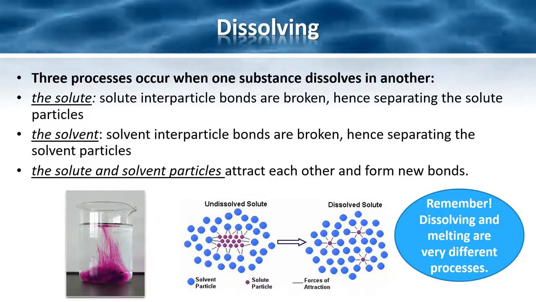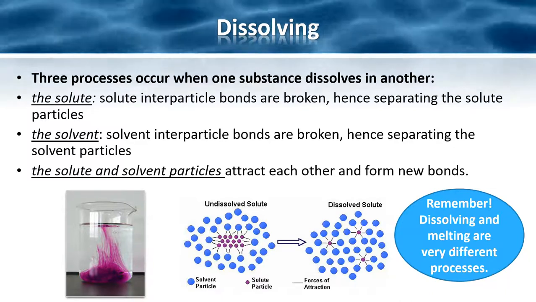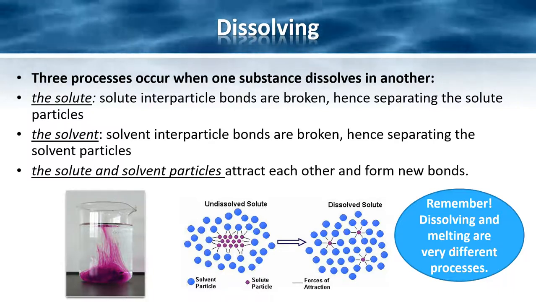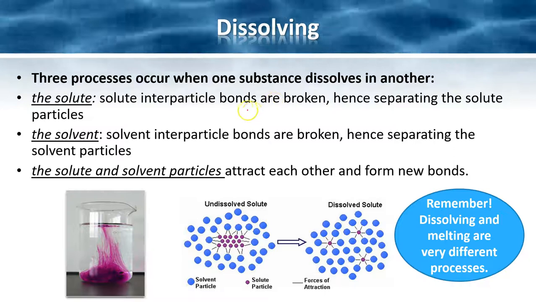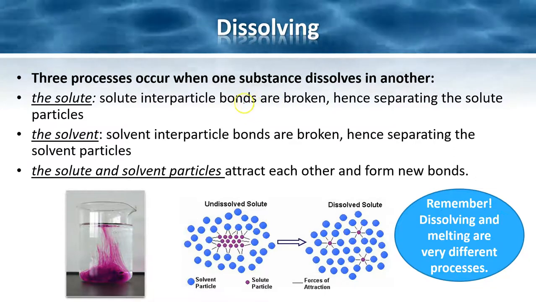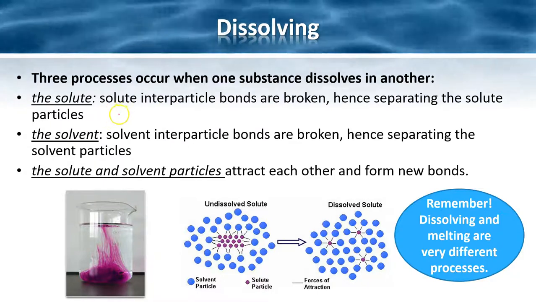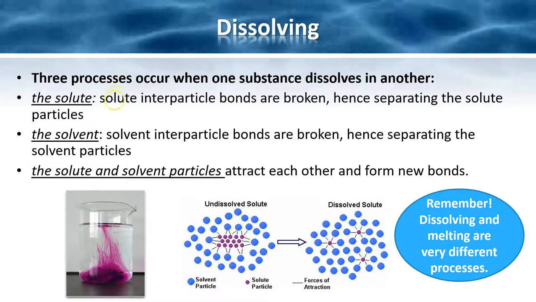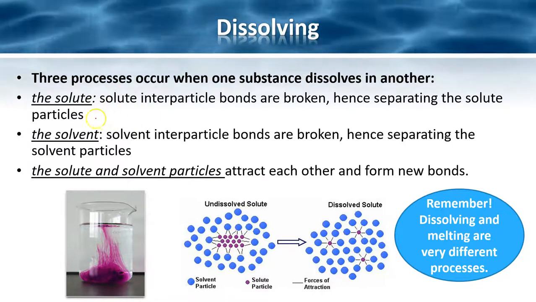When we talk about dissolving, there are three processes that must occur when a substance dissolves in a solvent. First, the solute interparticle bonds are broken. If it's an ionic solid, the ionic bonds are broken, separating the solute particles. This could be ionic bonds, or intermolecular forces between a covalently bonded substance.